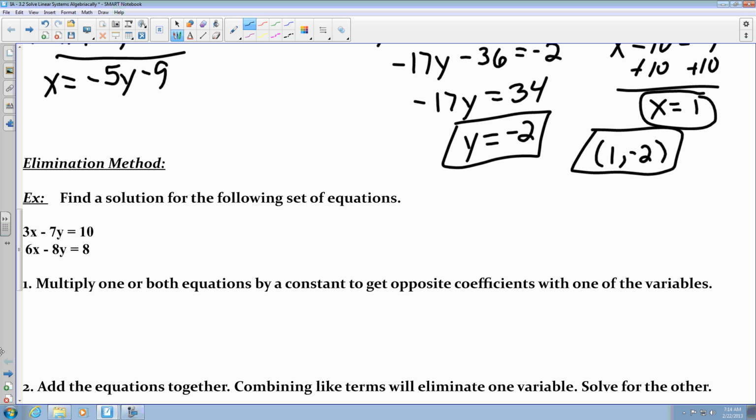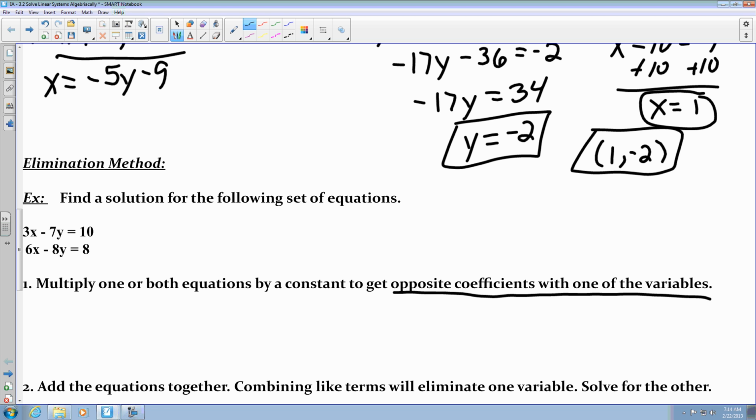So here's what that means. I look at my 3x minus 7y equals 10. I'm going to pay attention to my 3x. The reason why I'm going to pay attention to my 3x is that if I multiply the entire equation by a negative 2, I'm going to get a negative 6x, which will match up, which would be the opposite coefficient of one of the variables.